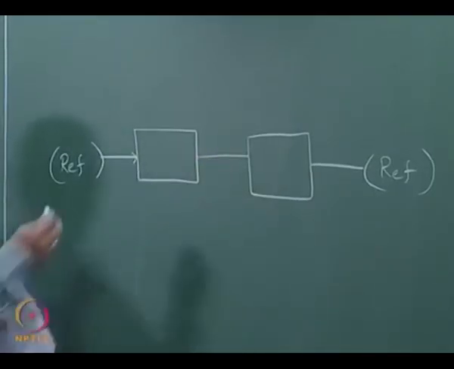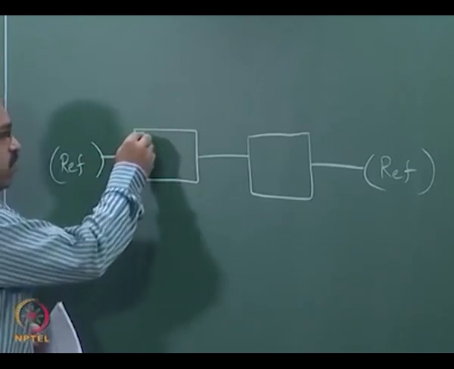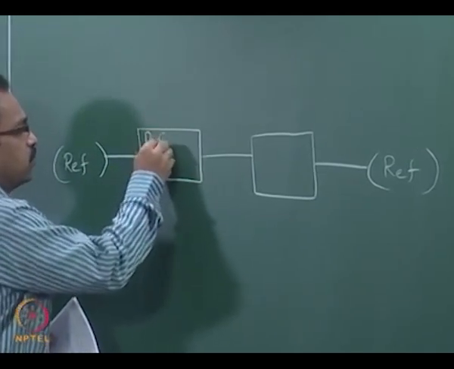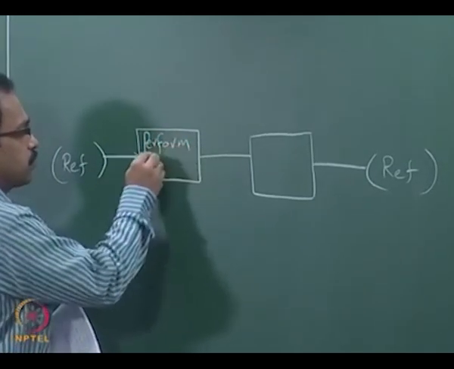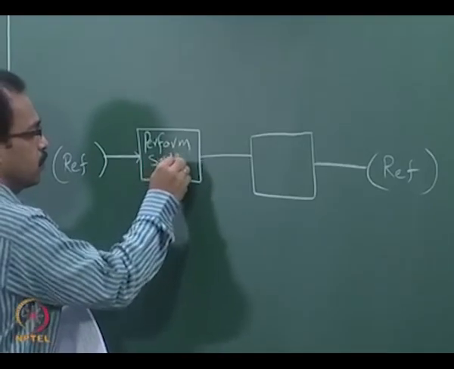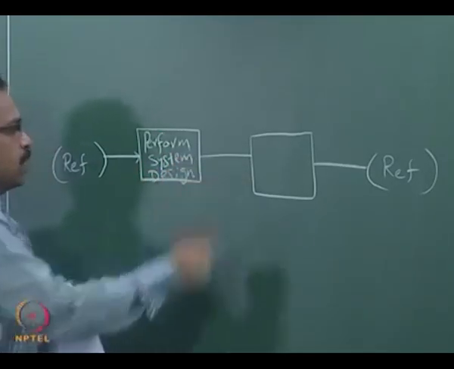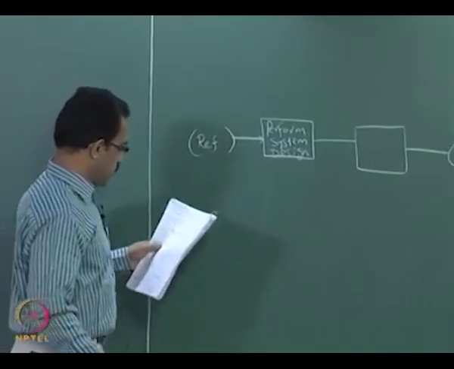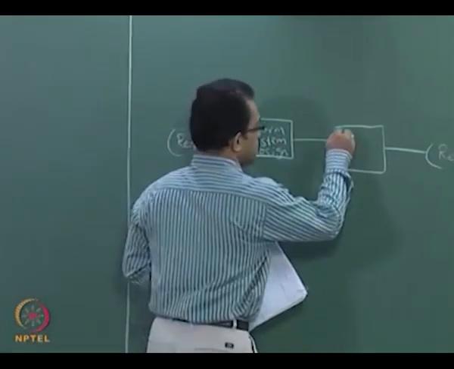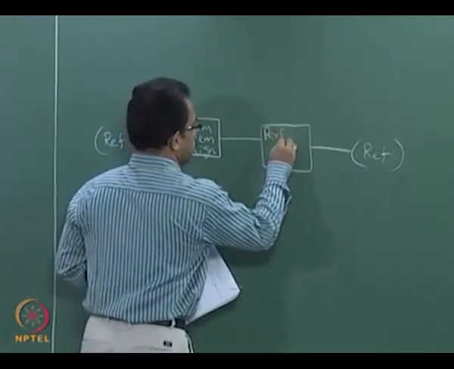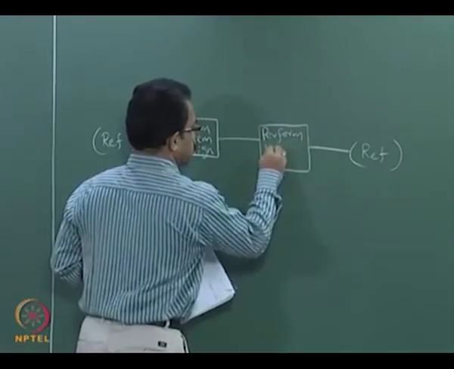For example, if you take system design activities, we say perform system design activity. Once we complete such system design activities, only then do we go for the integration activity, so perform integration.